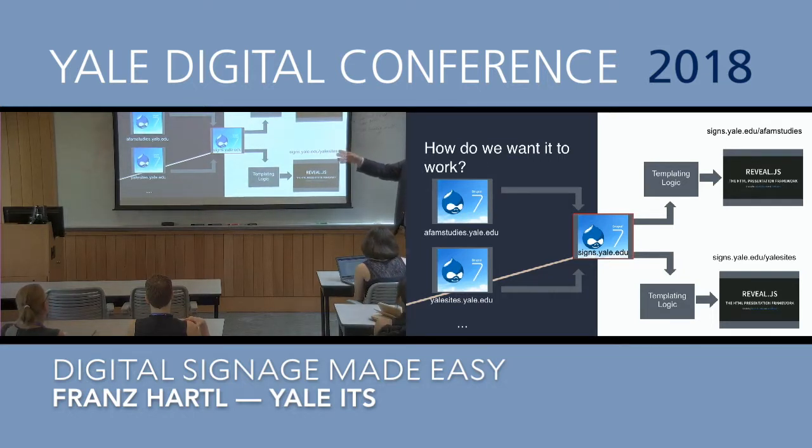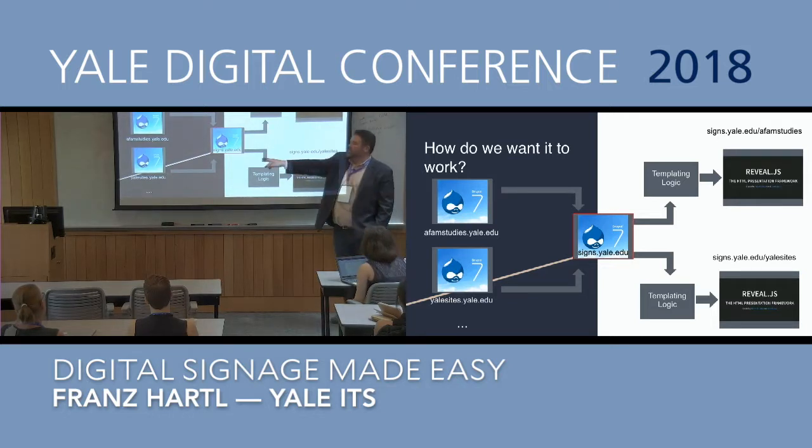But what I think would be very good about this approach is I don't even want people to have to enter in a different news or event if they want to display it. I want them to create the one piece of content for the news, or the one piece of content for the event, and have that automatically move into the signage section.